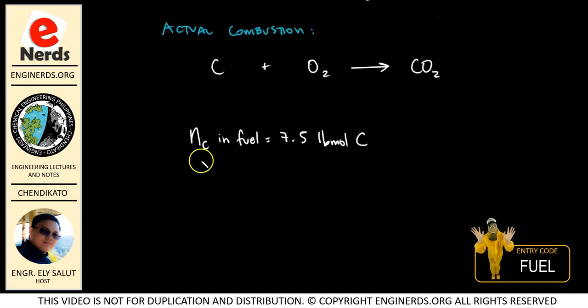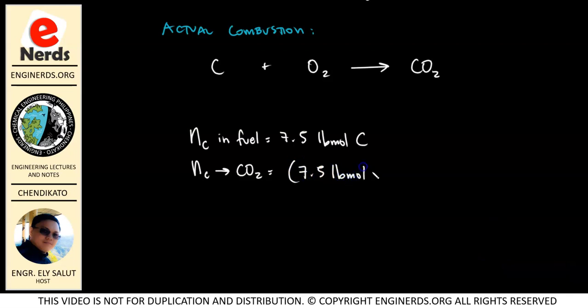Now, the number of moles of carbon converted to CO2 is only 80% of this. So we have 7.5 pound mole ng carbon times 0.8, because this is 80%. Para sa mga nagtatanong kung saan natin nakukuha yan, this is 80% of the carbon in the fuel.